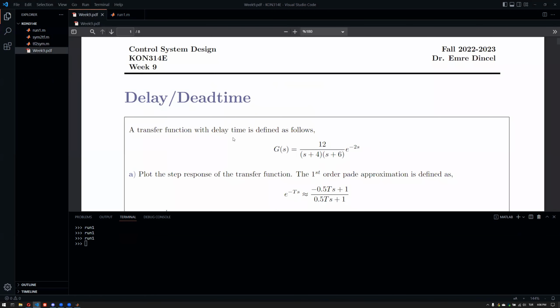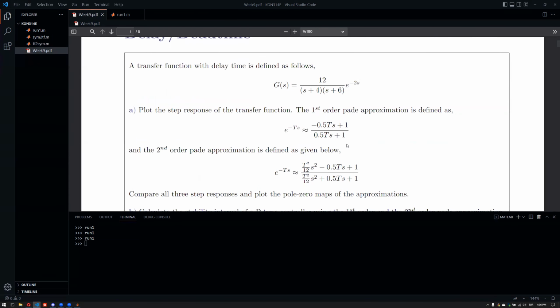So in order to approximate this, we can maybe use the Taylor expansion formula, etc. But we have a better approximation for delayed transfer functions. The reason for that will be obvious at the end of the day, I hope. It is a way better approximation method for increasing order than using Taylor expansion or other approaches.